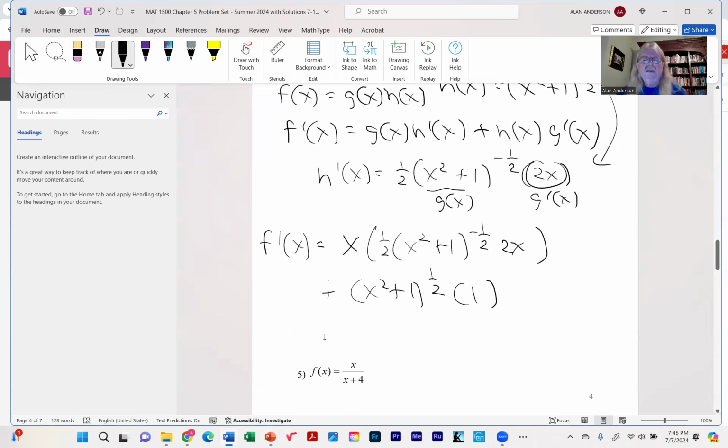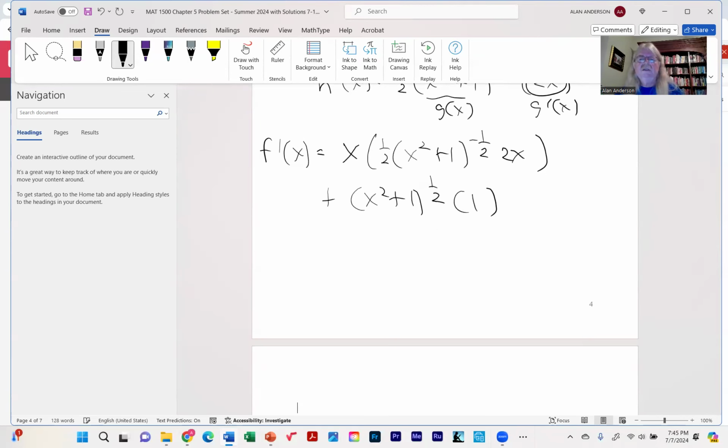All right, so I have, by the way, if you notice, there's some cancellation going on here. There's two x's, so I've got x squared plus 1 to the minus 1/2. Okay.